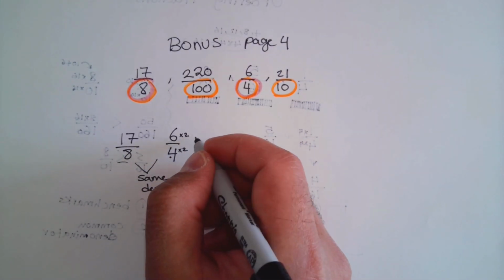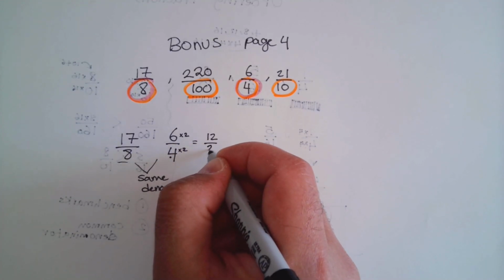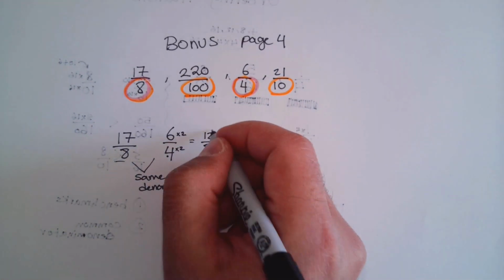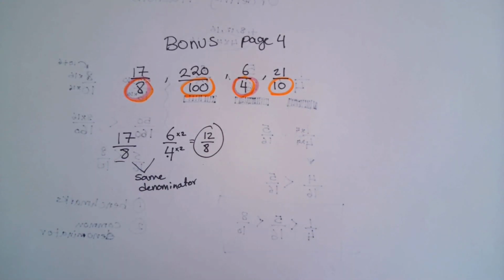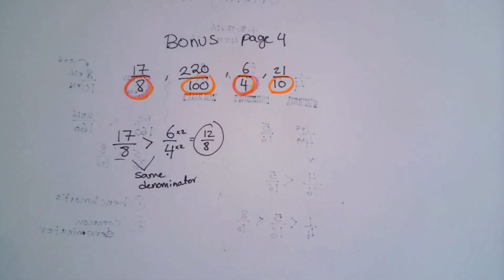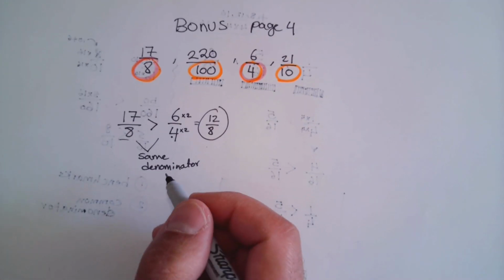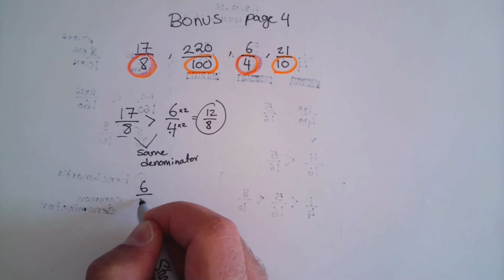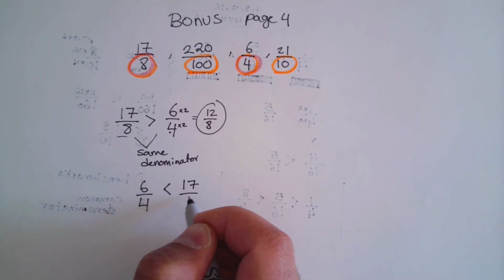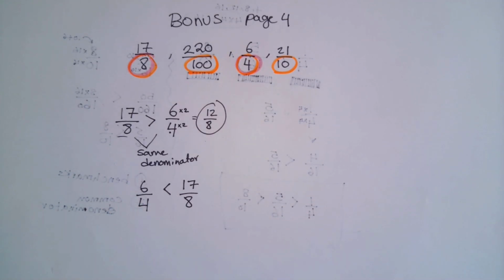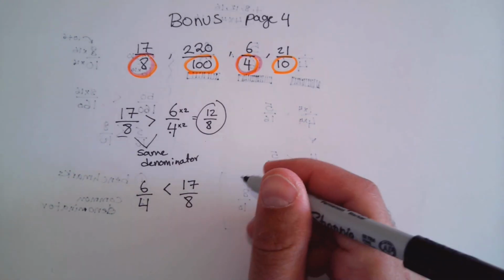So 6/4 is the same as 12/8. So now 12/8 versus 17/8. Which one is bigger? You are correct. 17/8 is bigger. So we're going to put 6/4 as less than 17/8.